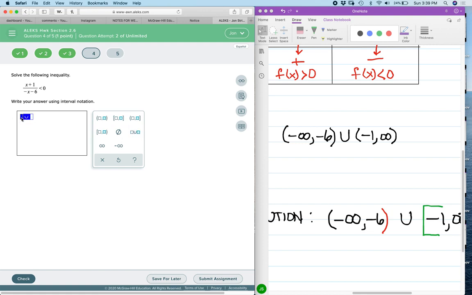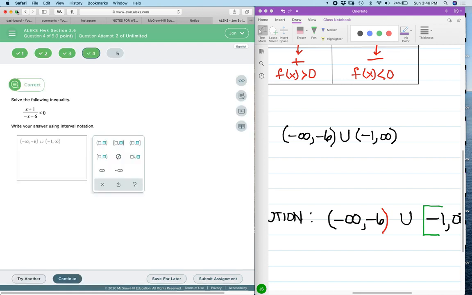For the first interval section, we have parentheses throughout, and with the input, we have going from -infinity approaching, but not including -6. And we have the other part of the solution, going past -1 and approaching positive infinity. And checking the result, the output is correct.